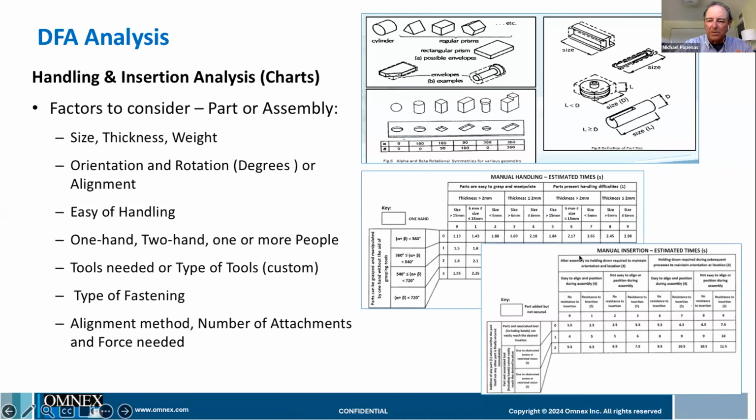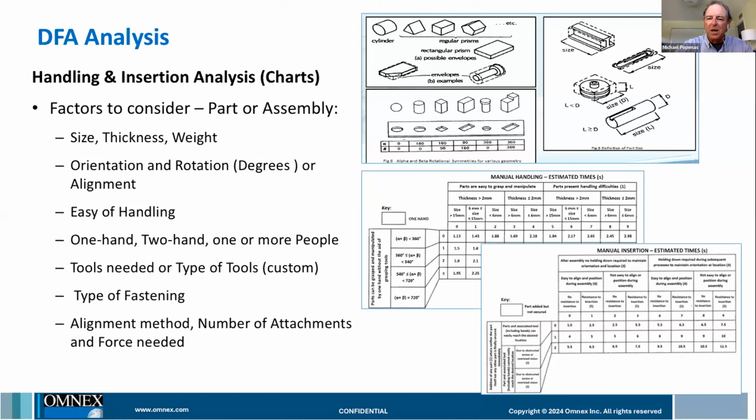So there's a series of tables that Boothroyd uses to break the assembly process into two steps, handling and insertion. He does it by looking at the geometry of the component, size and weight for both the handling and the insertion, and along with the insertion, the actual process itself.